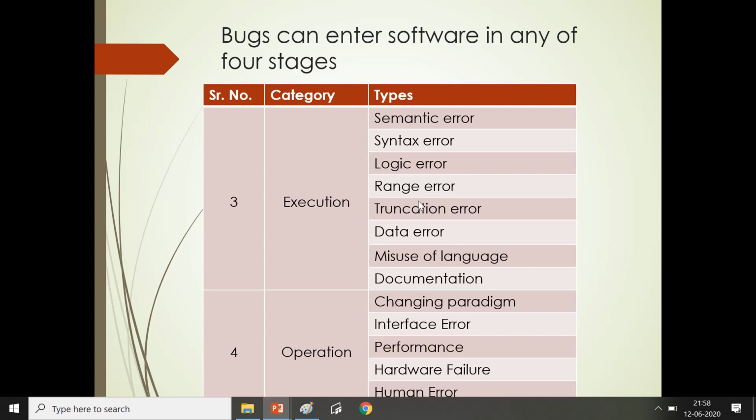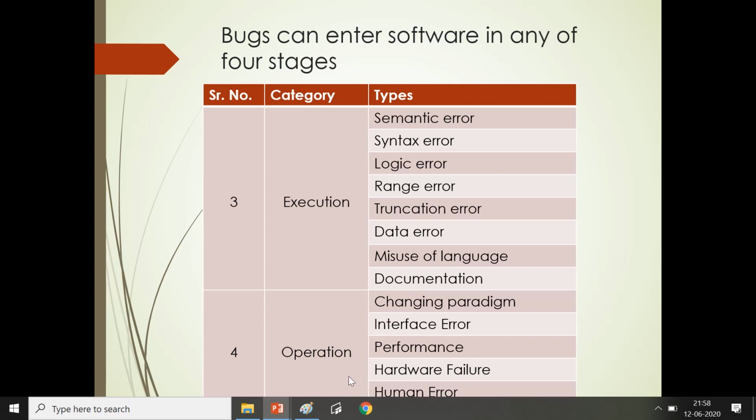Similarly, range error is failure to predict the possible calculations and incorrect approximations. Then misuse of language, coding operation inefficiently or incorrectly. And the last in the third stage is documentation, wrong or mismatching comment. That is the error over here, or you can say a software bug.